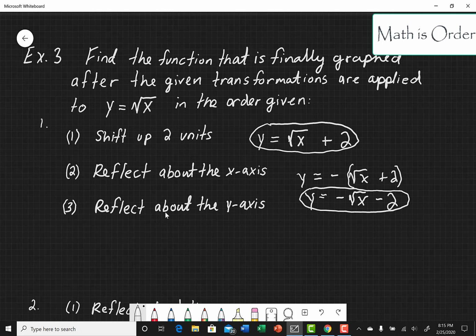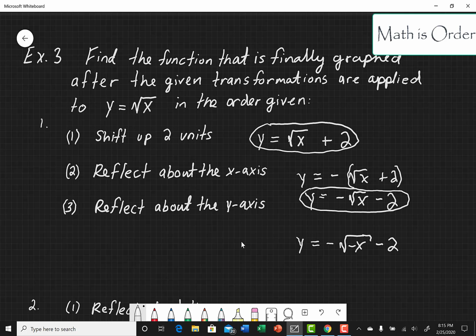All right, now we got one more transformation to do here. We want to now reflect this function about the y-axis. And reflecting a function about the y-axis means replacing each x-coordinate by negative x. So everywhere I see x, I'm going to change it to a negative x. So negative square root negative x, and everything else stays the same.